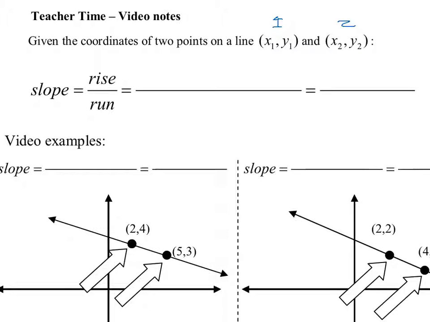Which measures up and down? Which measures our rise, y's or x's? Y's. So rise is really just talking about the change in y. So that means the run must be talking about our change in x.